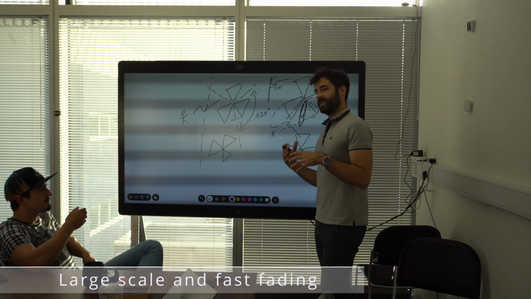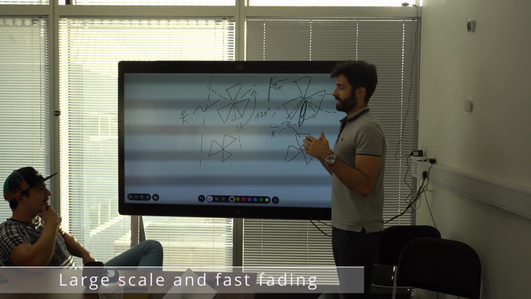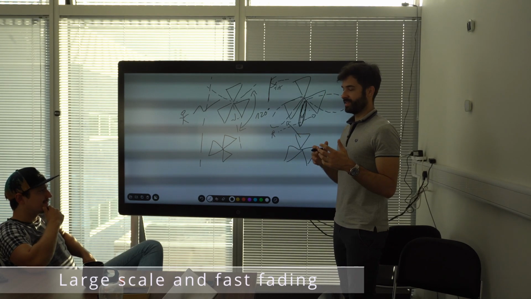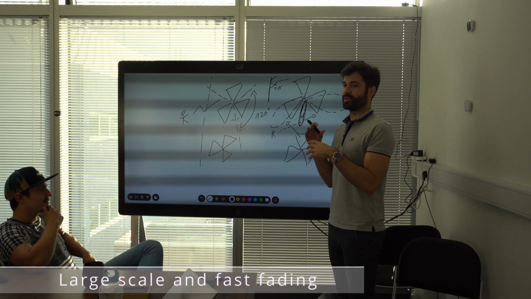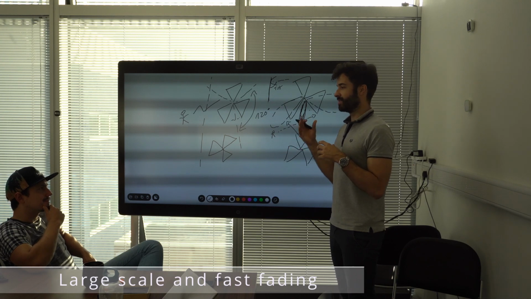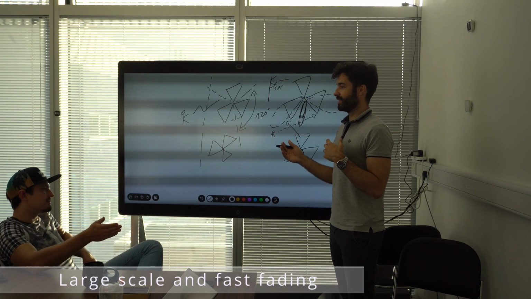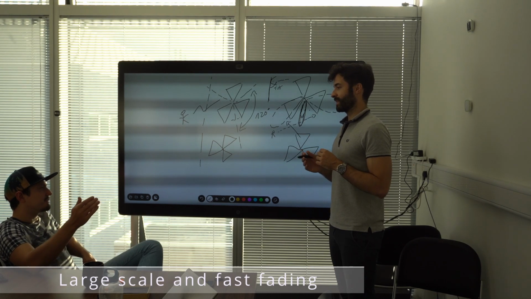There are two types of fading: large-scale fading and small-scale fading. Usually, large-scale fading is the attenuation of the signal caused by buildings, reflections, elevation, stuff like that. Basically, physical properties of the environment.